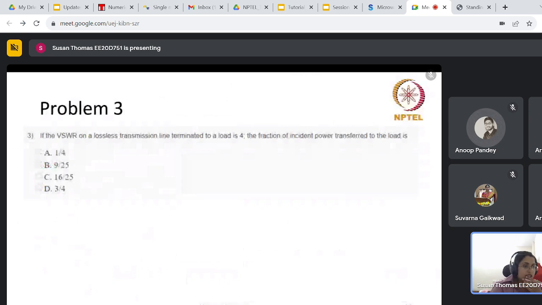Okay. So this question is on VSWR. Probably you remember the expression for VSWR. Whenever there is a mismatched load, there is reflection, and that reflection coefficient is written as ZL minus Z0 by ZL plus Z0.